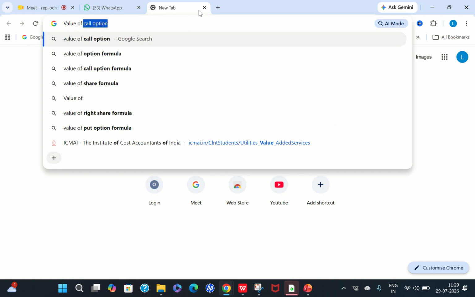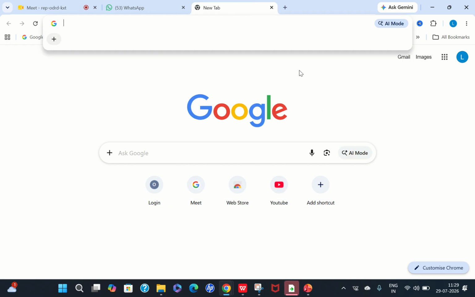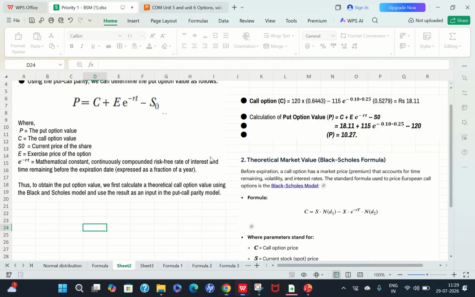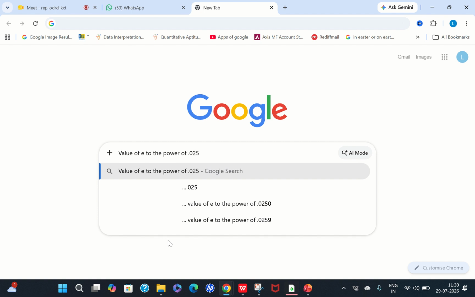The value of minus 0.10 into 0.25 is 0.025.